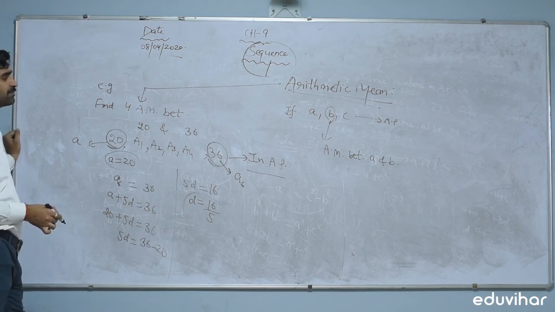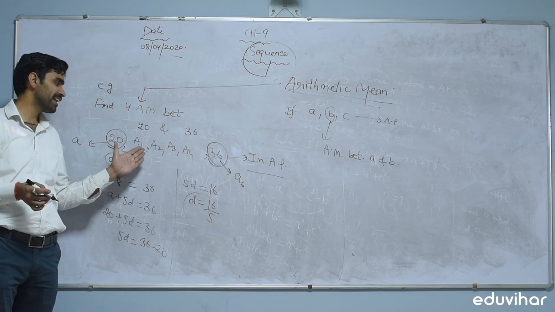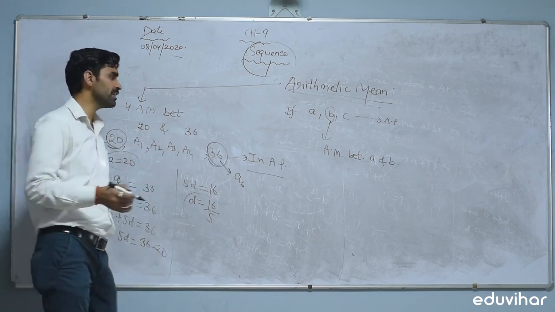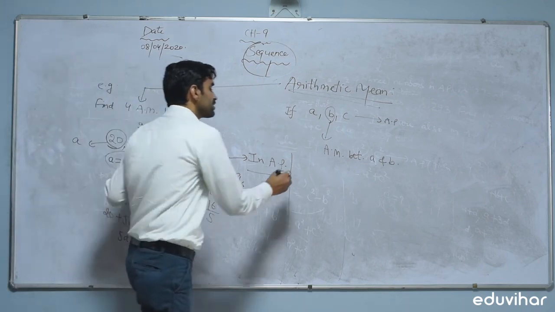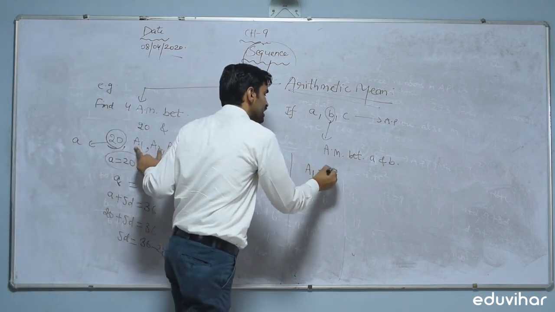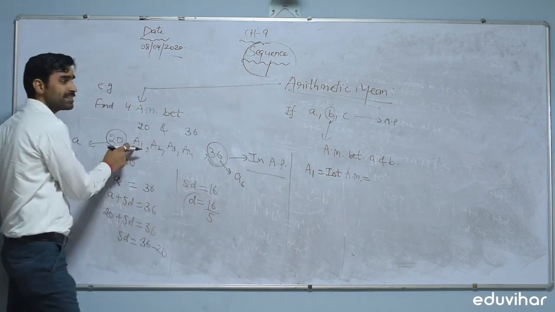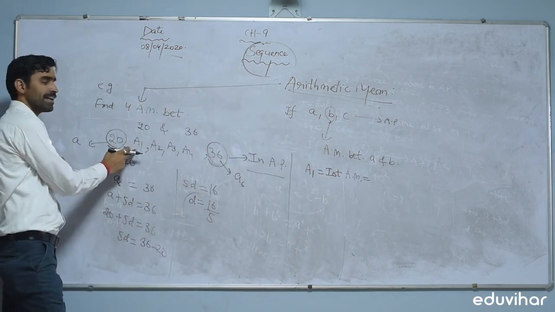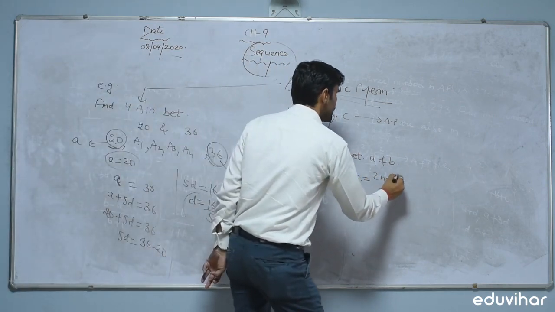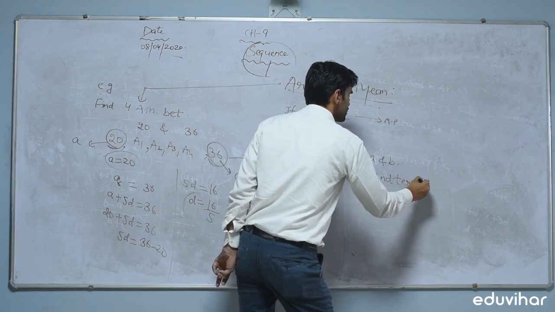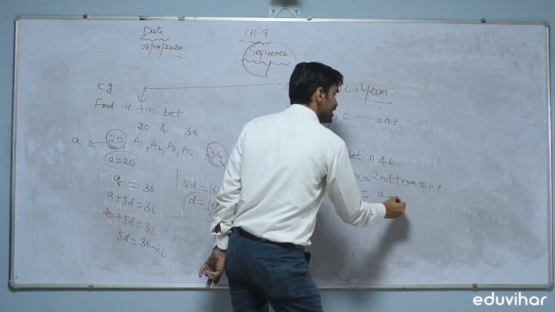In this way we can find out the value of the first AM, second AM, third AM, fourth AM. The first AM is the first arithmetic mean, which is the second term of the AP, and the second term can be found by using the formula a plus 1d.